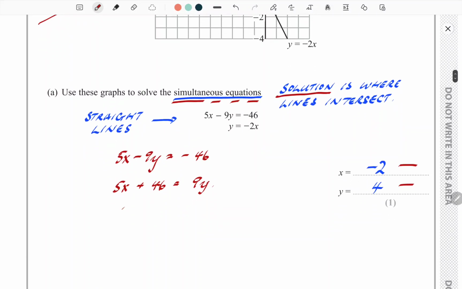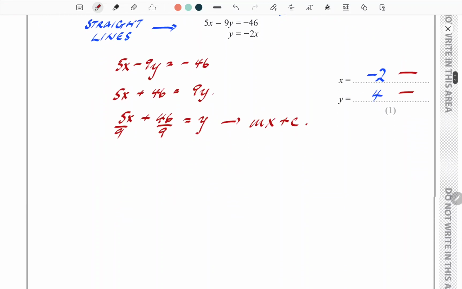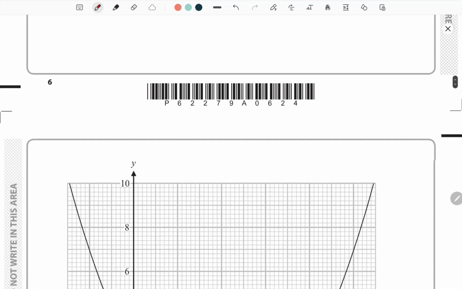And therefore 5/9 of x plus 46 over 9 equals y. And that has effectively the same form as mx plus c. So that's how it becomes a straight line. All right. Moving on from there.